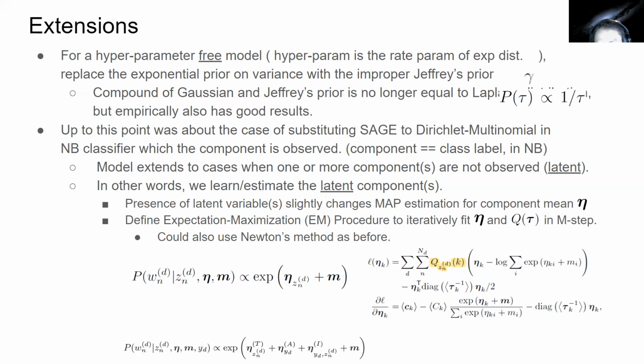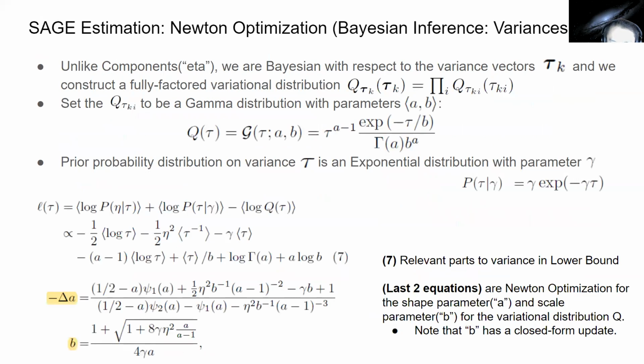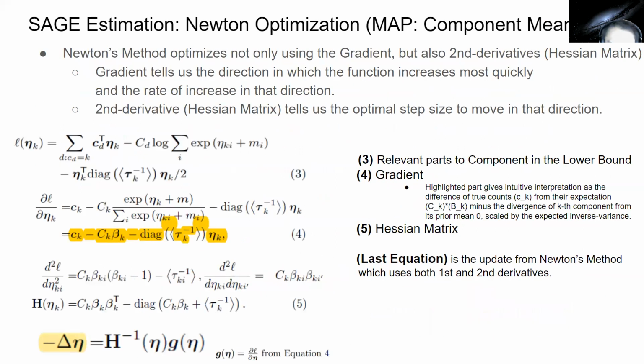Now, in the place where the distribution Q sits, when the component was observed, there used to be this C, which is a true count.